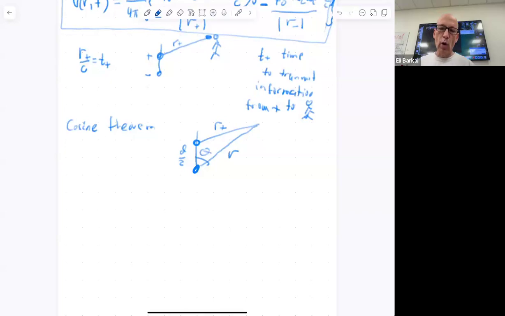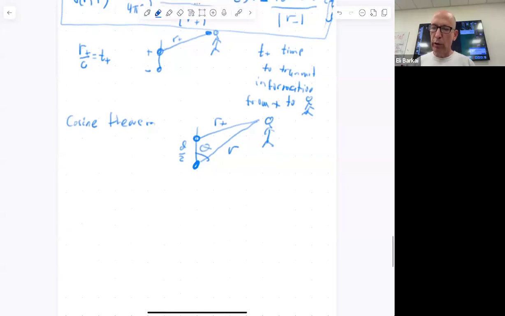So I want to know R plus. I know theta because theta is defined by where I put my observer. If I put the observer somewhere else, I'll have a different theta, a different r, but theta and r are controlled. These are the good variables. R plus I'm going to express now in terms of r and theta, and of course d over 2.